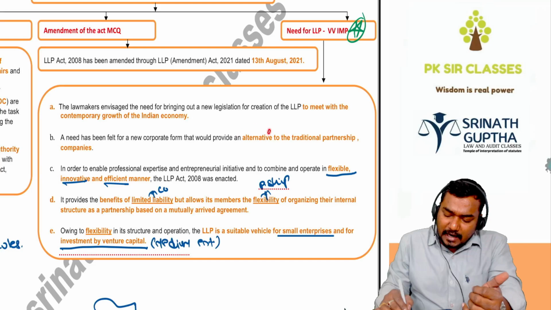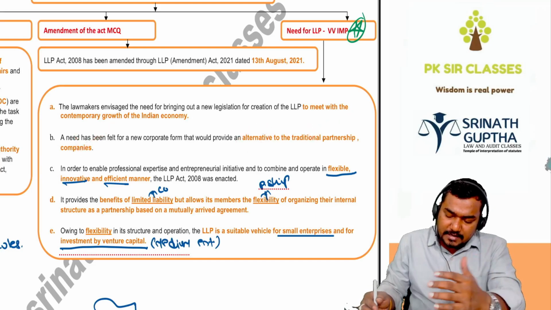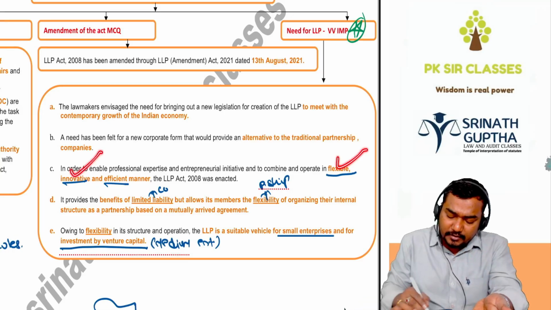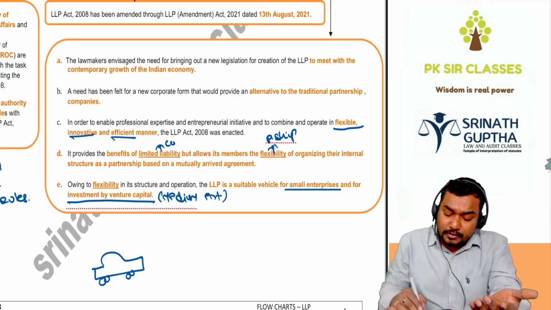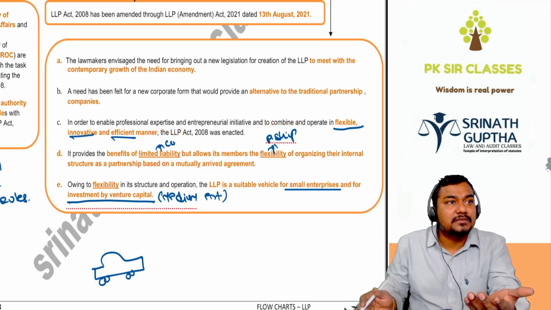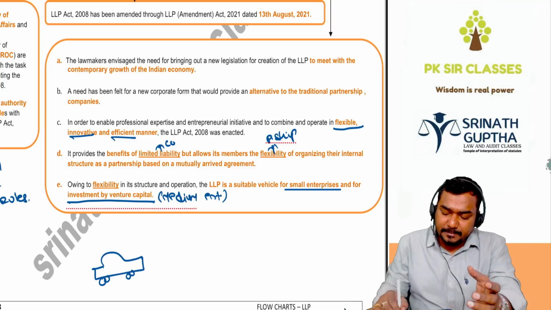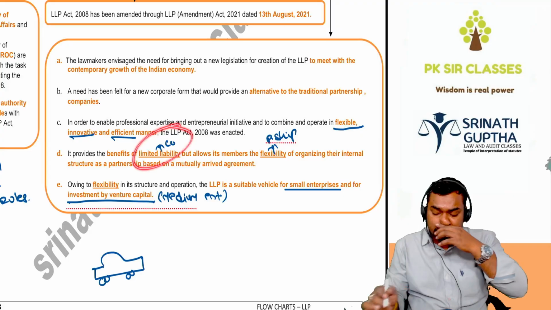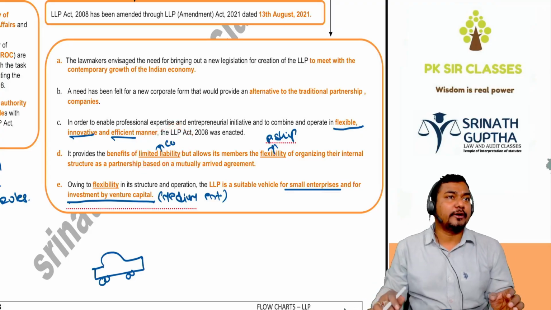So it is an alternative to traditional partnership, traditional companies, because it can allow the entrepreneurs to do the business in a more flexible, innovative, and efficient manner. Here you can enjoy the limited liability of the company, flexibility of the partnership. Yes or no, sir? Since there is a flexibility of the partnership deed, and LLP deed, and limited liability is there, it is suitable for the small and medium range of the organizations.